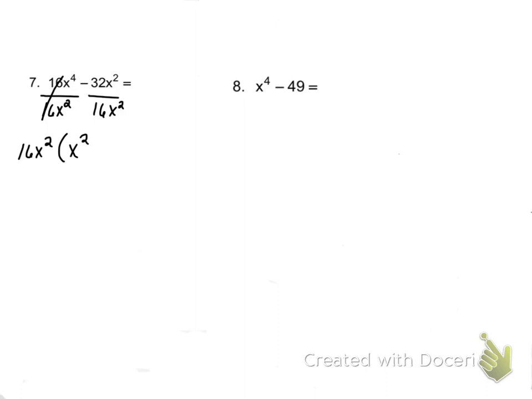Here the x squareds cancel, and 32 divided by 16 is 2. Well, I can't take a square root of 2, so that's as much as you can do. It's not a difference of squares. That's your complete factorization. I can't go any more because it would have to be x squared minus 4 or 1 or something I could take a square root of to be able to factor that as a difference of squares.